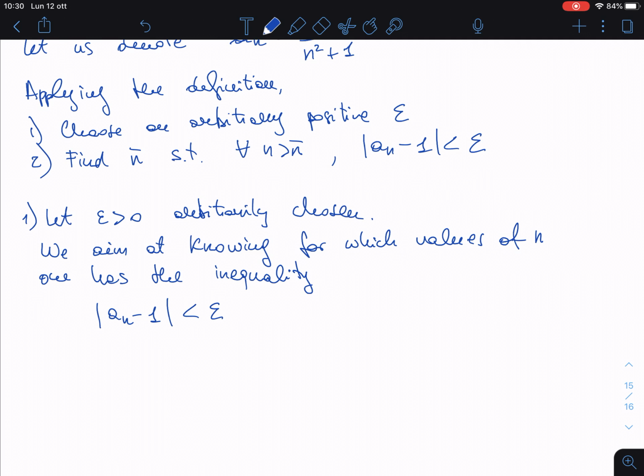Okay, so it is just an inequation in which the unknown is n. This n is the unknown.